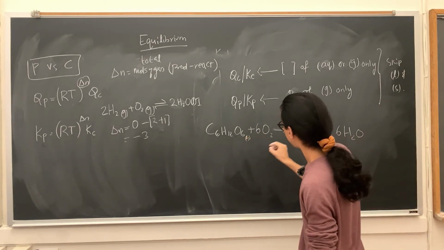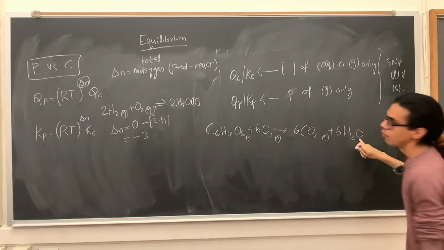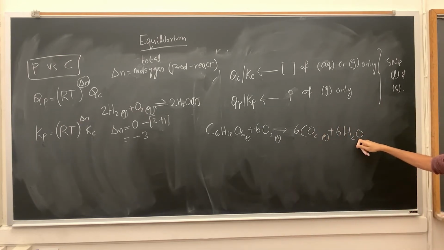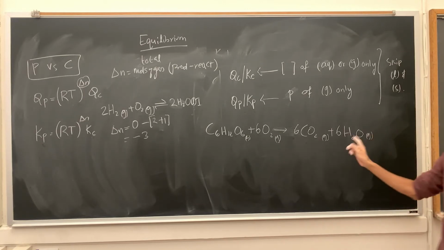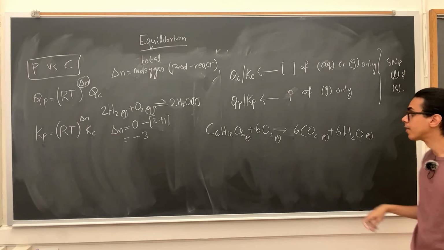Glucose, as you know, is solid. Oxygen is a gas. Carbon dioxide is a gas. When water is produced, it's hot, it's steam, so also a gas. You don't need to remember this, like I said. This will be provided to you in a question.